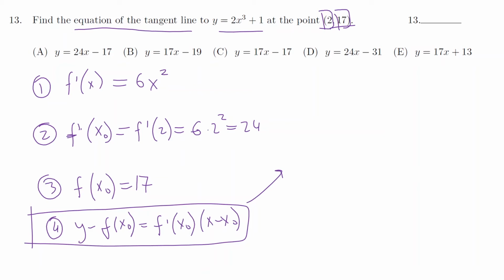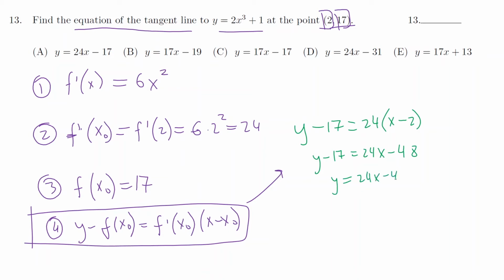So here we got y minus f of x0, so y minus 17 equals f prime of x0, which is 24, times x minus x0, which is 2. So y minus 17 equals 24x minus 48. So y equals 24x minus 48 plus 17. So y equals 24x minus 31. Boom. And the answer, it seems like, is D.